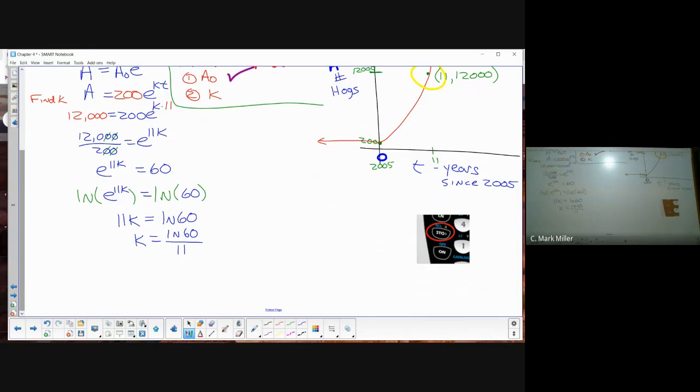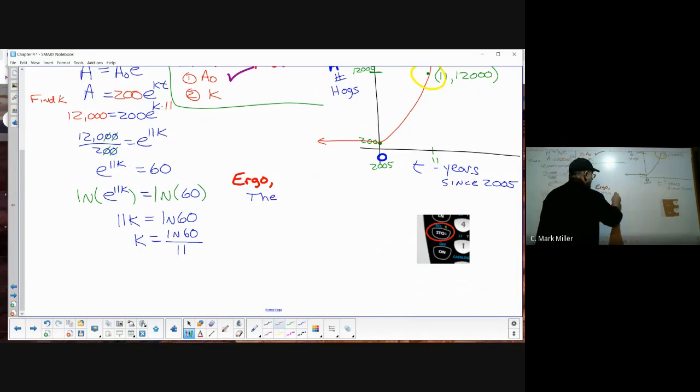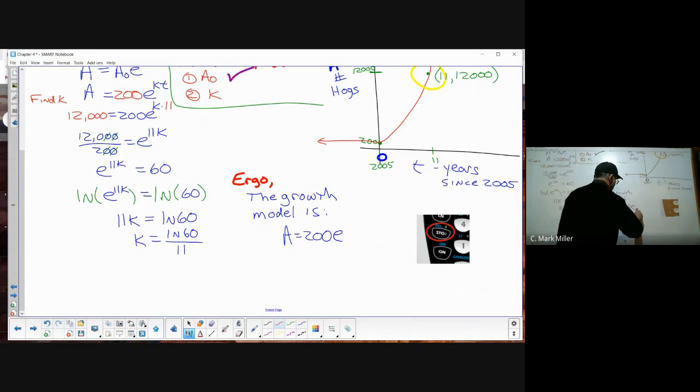What does that mean? That means we have the model. So, ergo, the growth model is A is 200 e to the natural log 60 divided by 11 times t.